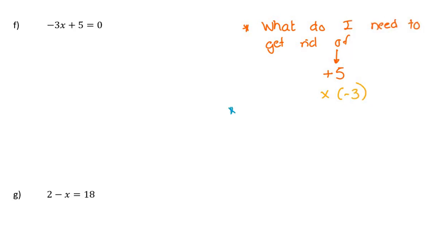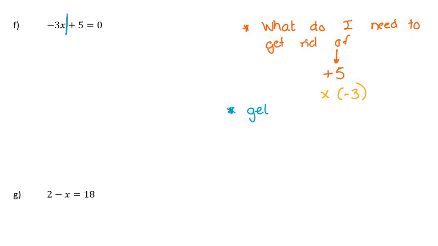Now this is actually really important. Technically, it doesn't matter which one you do first. However, if we do it one way, we tend to always make mistakes. So what we like to do is, if we divide into terms, there are 2 terms on the left-hand side, and we prefer to get rid of everything furthest away from x first. So not in the same term as x, all the other terms, and then we'll get rid of what's closest to x.